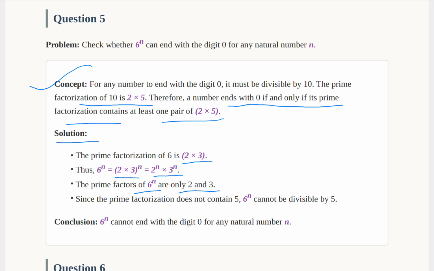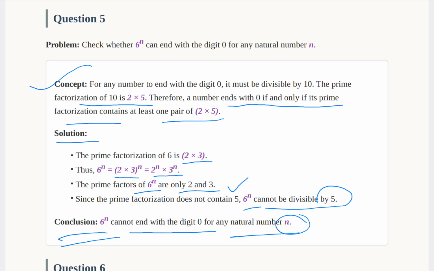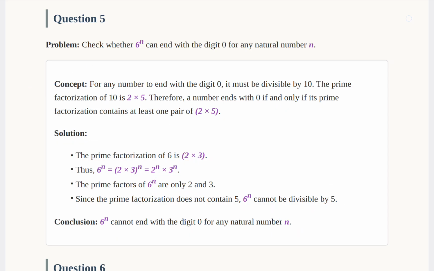Since the prime factorization does not contain 5, therefore 6 raised to the power n cannot be divisible by 5. Okay, so we conclude that, see here the conclusion, 6 raised to the power n cannot end with the digit 0 for any natural number n. Okay, so we can say this thing here.